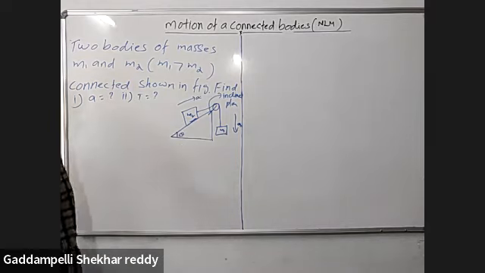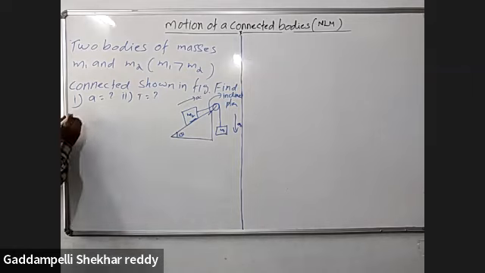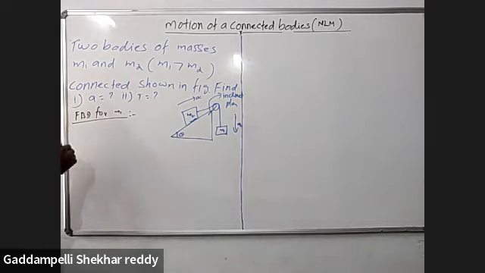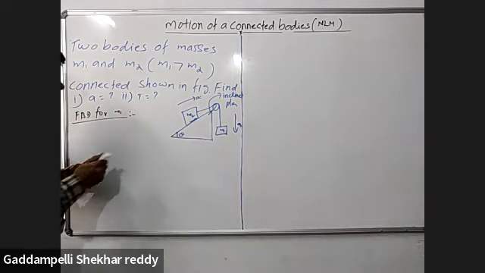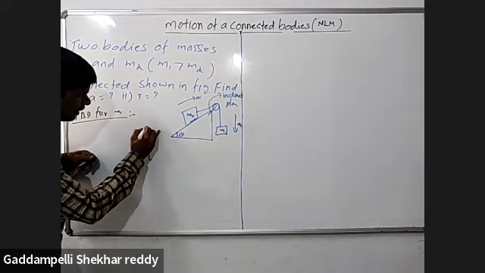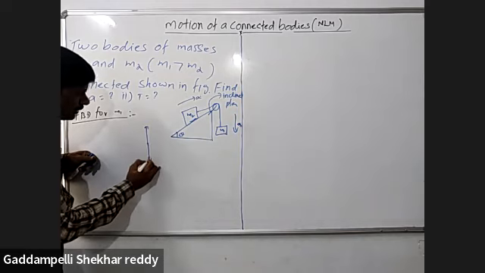So, same as before, we draw the free body diagram for M1 and M2. FBD for M1: M1 is separated from the system and we draw the diagram showing all forces.